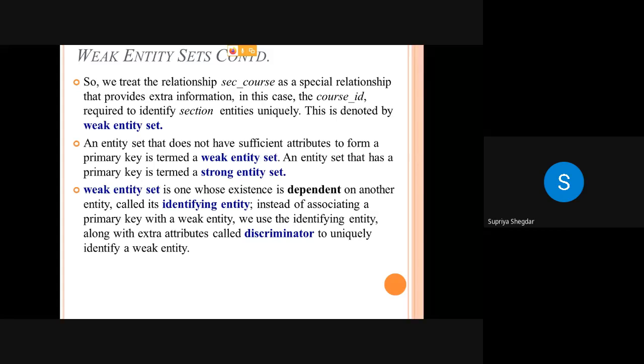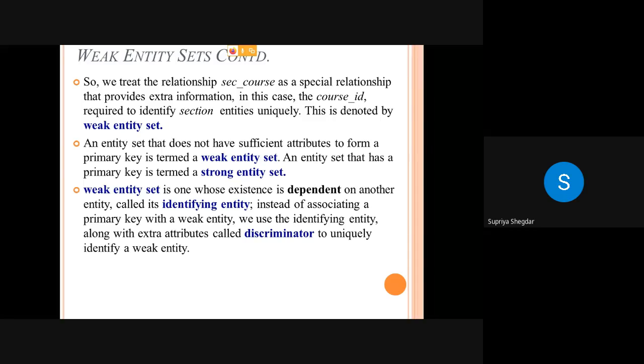And an entity set that has a primary key is called a strong entity set. Means in that entity set, we can assign a particular attribute as a primary key, and that primary key describes the information of that entity set uniquely. So that entity set is called a strong entity set.